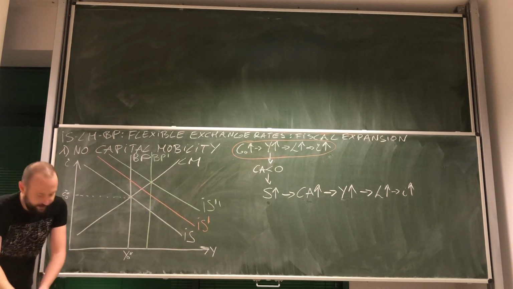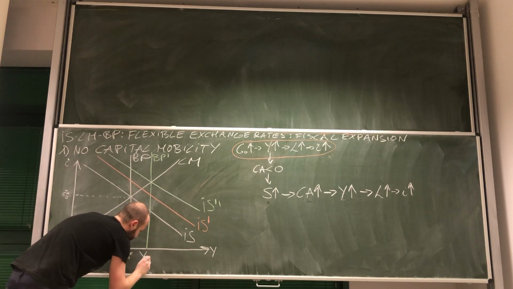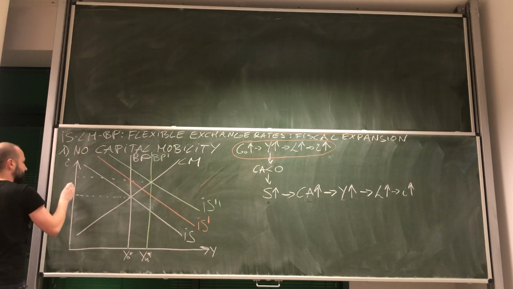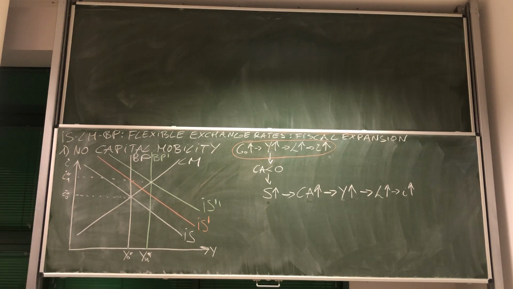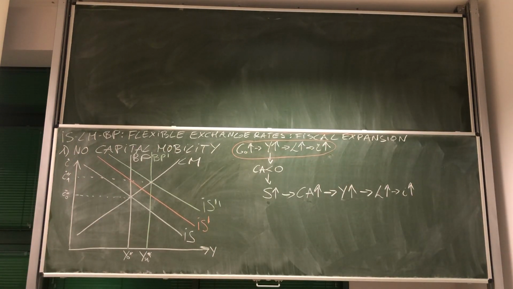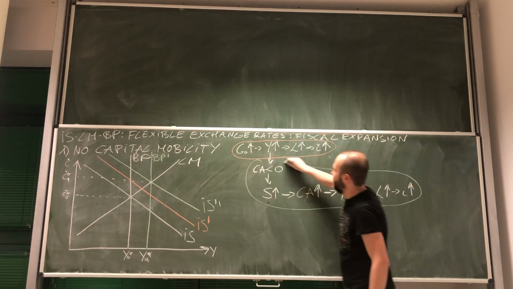So now we see the GDP has increased, as well as the interest rate. Okay, so what can we say about this case? Of course, this is our open economy effect.